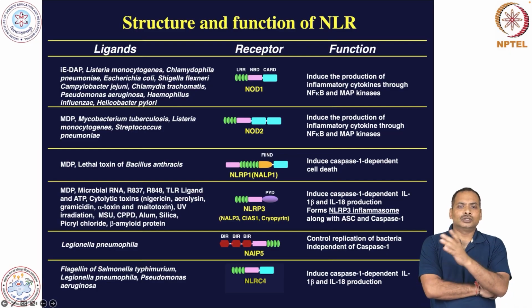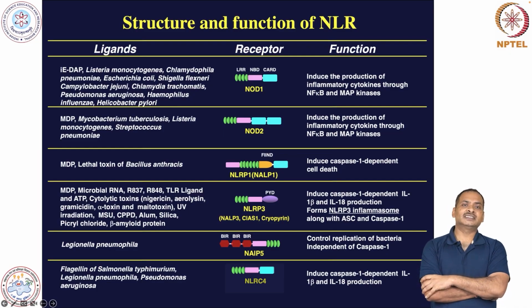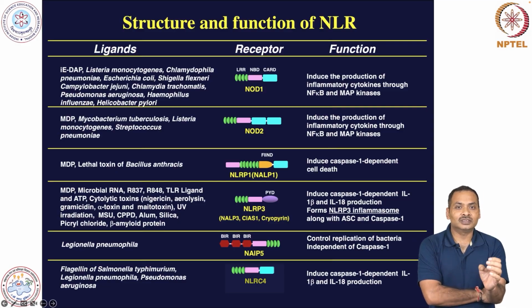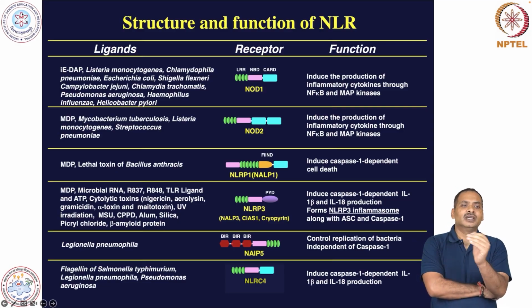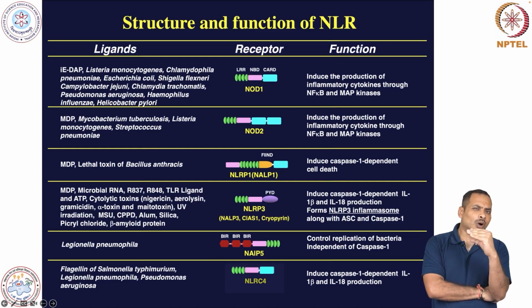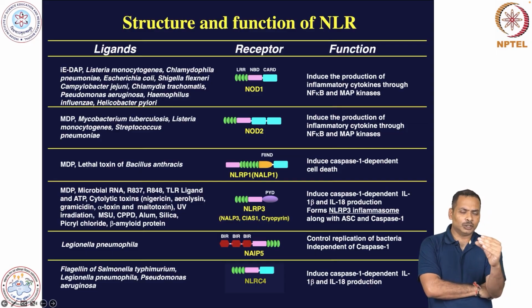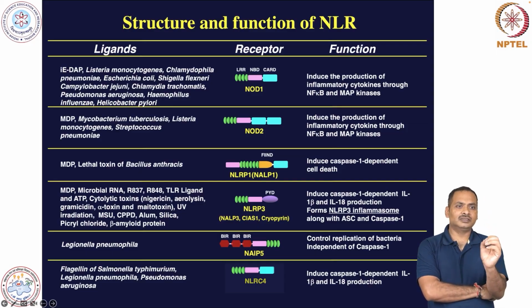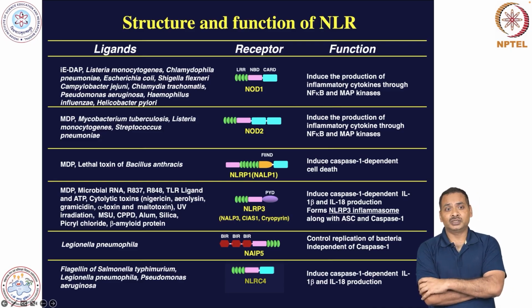So NOD1 senses IE-DAP, and I will explain IE-DAP in more detail in the next slide. IE-DAP is a component of peptidoglycan; I will tell you precisely what it is molecularly. This IE-DAP is derived from Listeria monocytogenes.